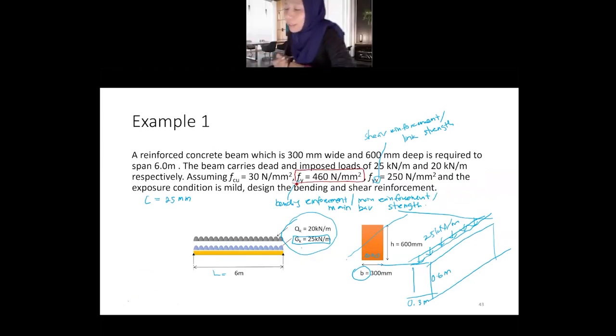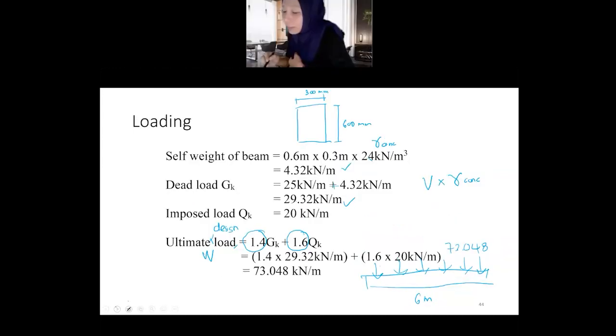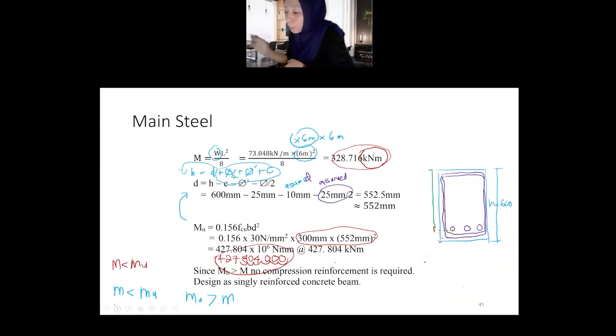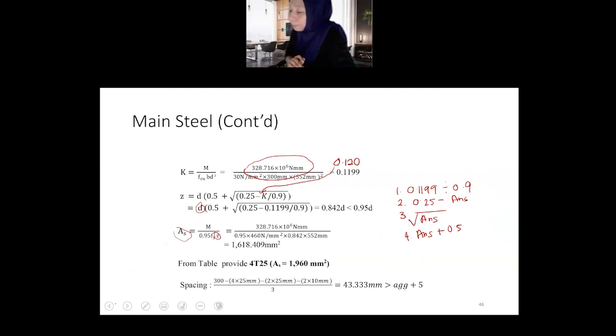460. Which means kita tahu ini adalah high yield steel atau high tensile steel. Kita tahu 460 high tensile steel. Ingat lagi. And then darab dengan value ini adalah Z. Kalau you masih ingat.